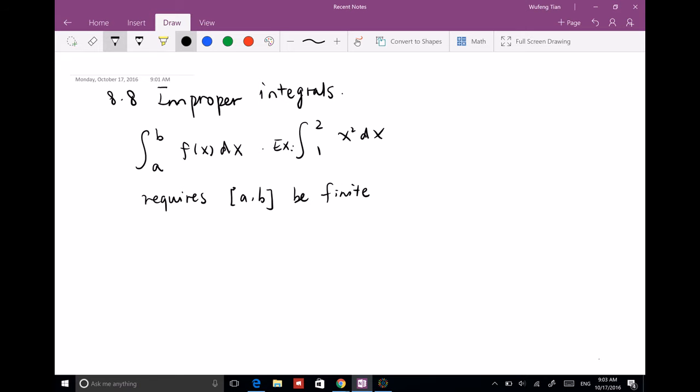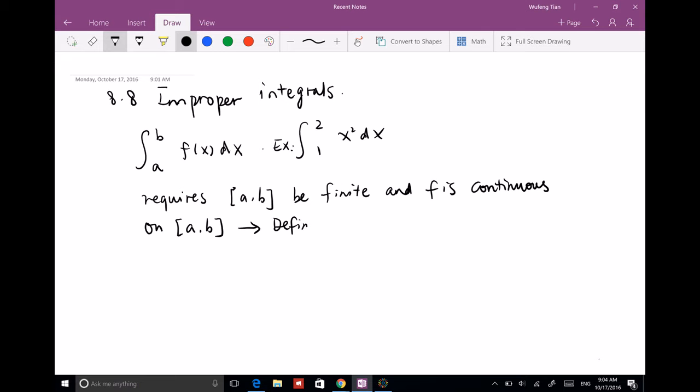For example, 1 and 2 are finite numbers. You cannot say infinite. If it's infinite, it's an improper integral. So this is a definite integral, and f is continuous on a to b. This is what we call a definite integral.